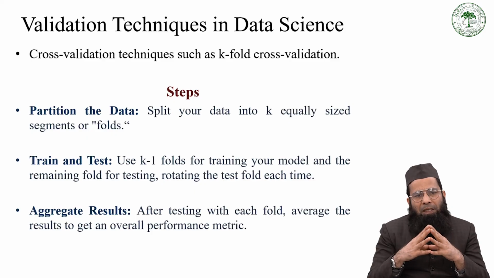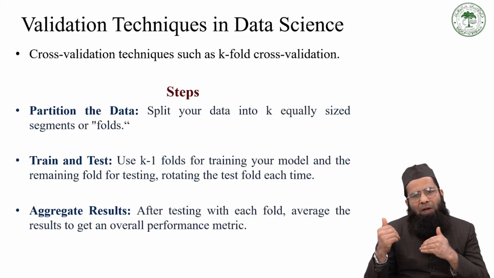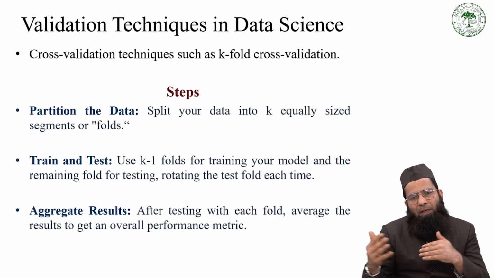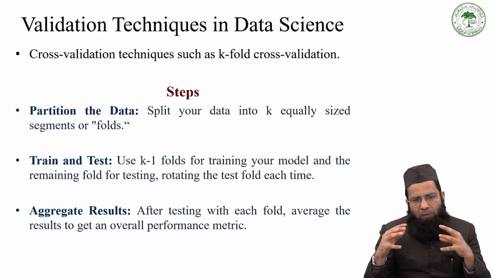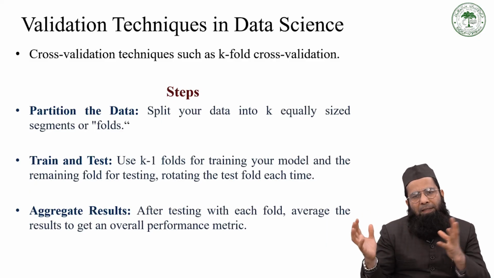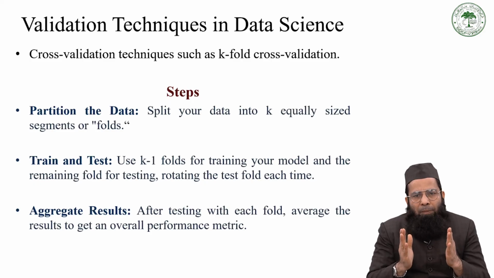Another one is the cross-validation technique, such as k-fold cross-validation, or simple training and testing data. In the case of data science, the whole data set is divided into two different sub data sets.